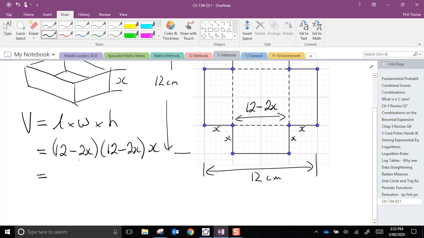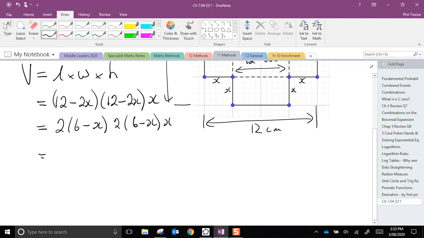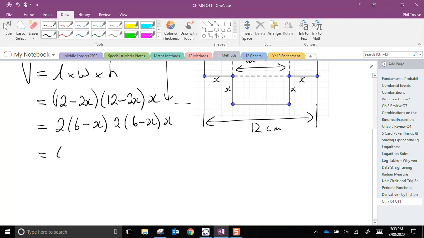Now I can see that 12 and 2 have a common factor of 2, so it's probably best if I put 2 outside: 6 take x, and then I'll do it again for this one, and I still have x there. Now 2 by 2 is 4, by x would be 4x all collected, and 6 take x squared. That's my formula for the volume of the box.